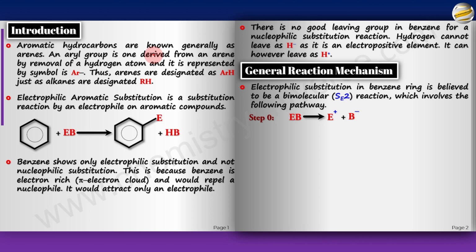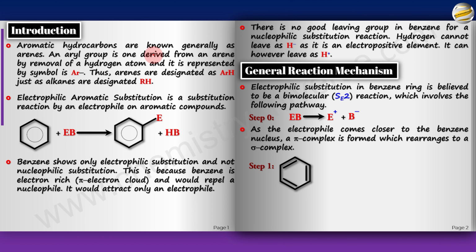As the electrophile comes closer to the benzene nucleus, a pi complex is formed, which rearranges to a sigma complex. So this is what happens. You have step 1 and the electrophile comes closer, and as it comes closer, it gets attracted to the pi electrons of benzene. That is called a pi complex. Now that pi complex, as the electrophile comes closer, let's assume that by chance it comes closer to this carbon atom.